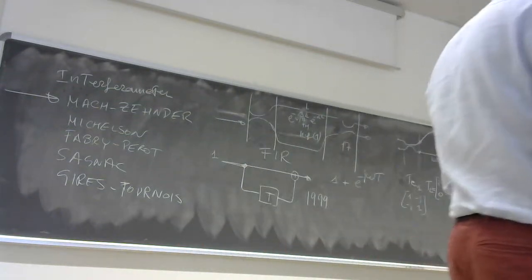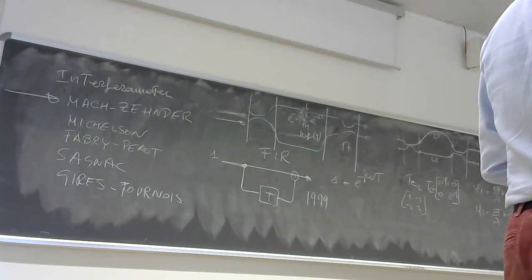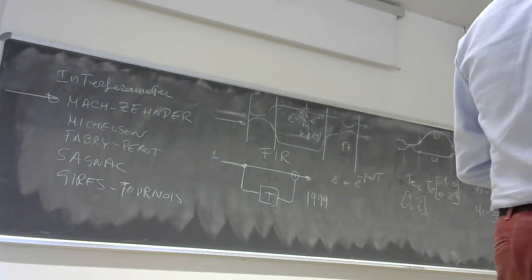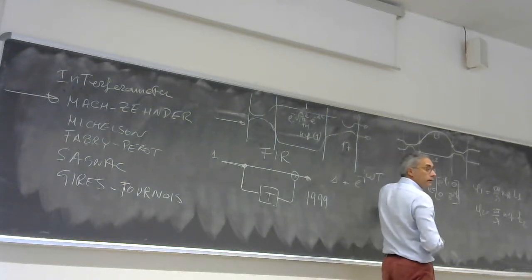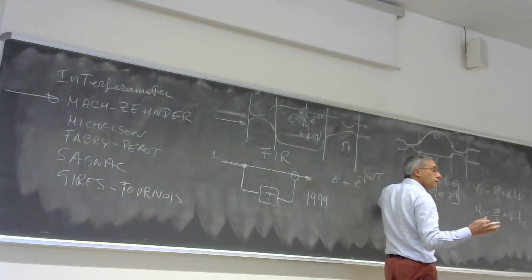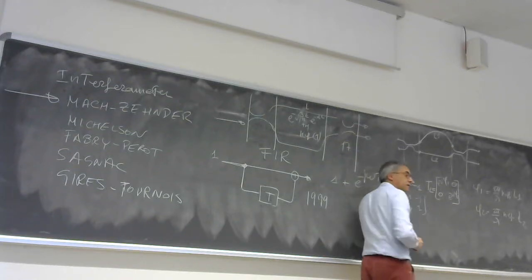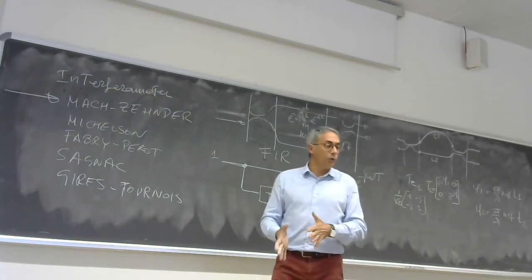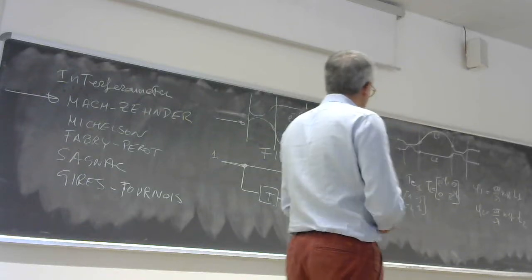For the coupler C1, we don't have any direct coupling, but we don't put zeros. C1 is a 50-50 or minus 3 dB coupler, so it splits in two. So the transfer matrix is this, apart from an important constant that I always forget to write.